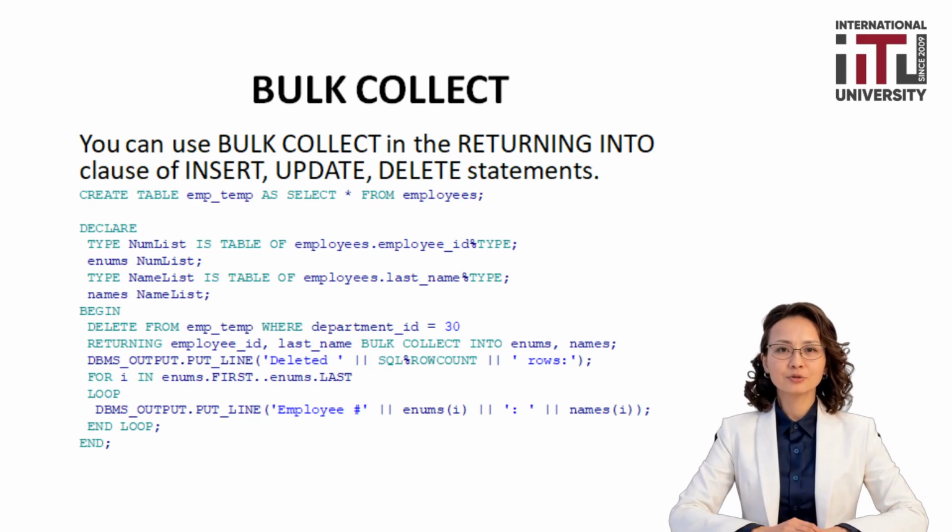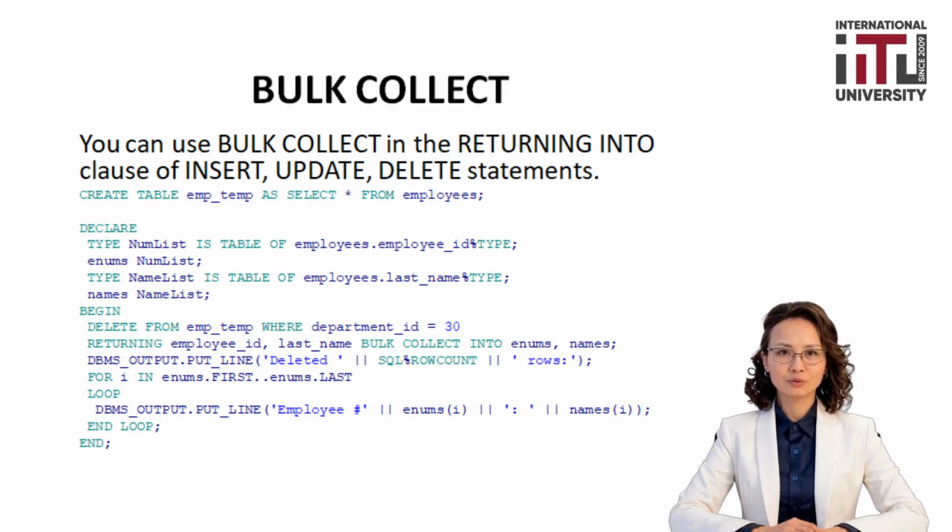In this example, we first create a temporary table called emptemp from the employees table. We declare two collections, enums to store employee IDs and names to store last names.